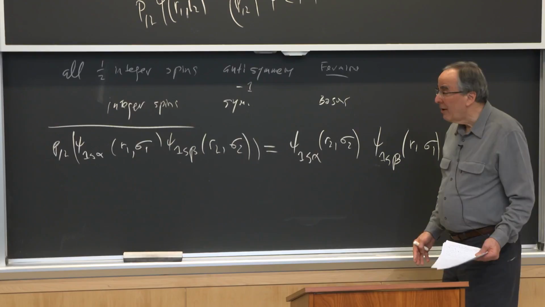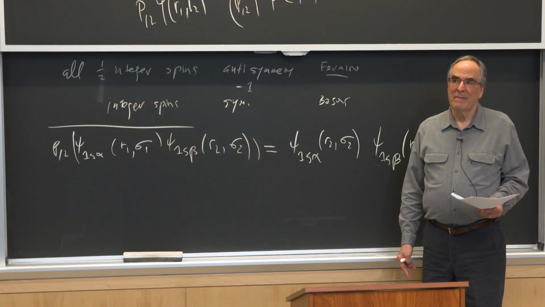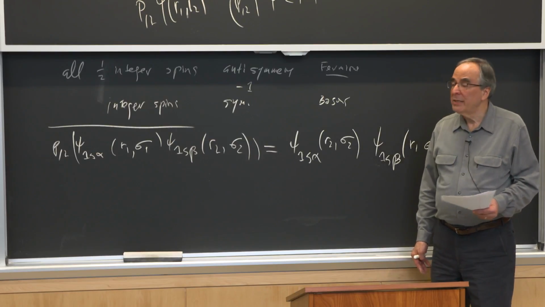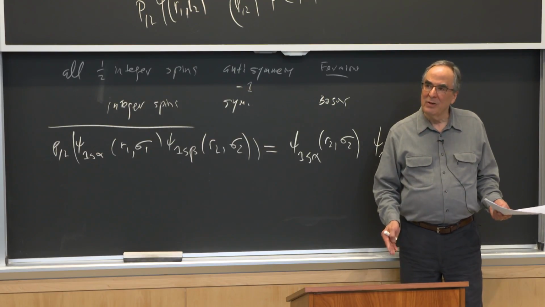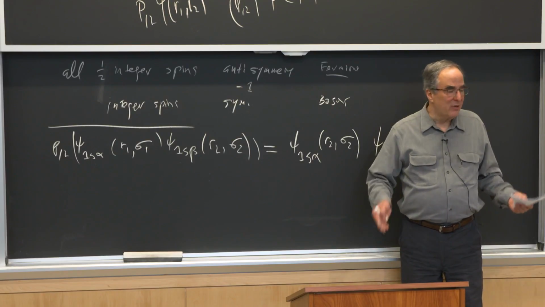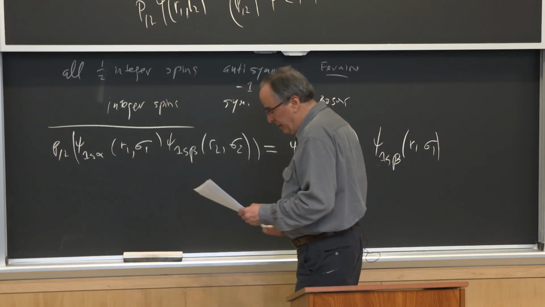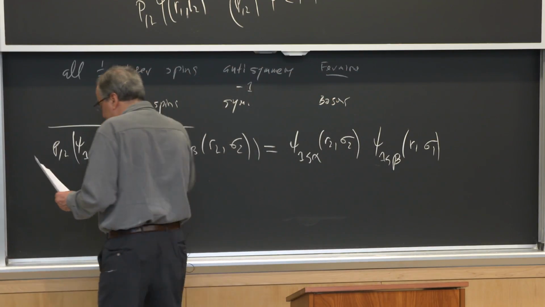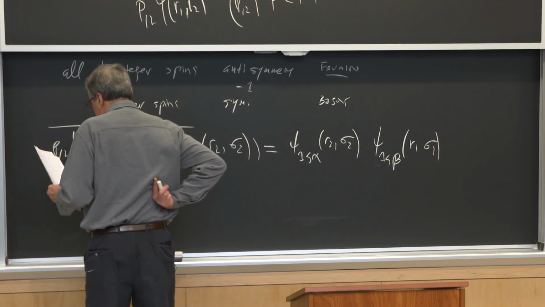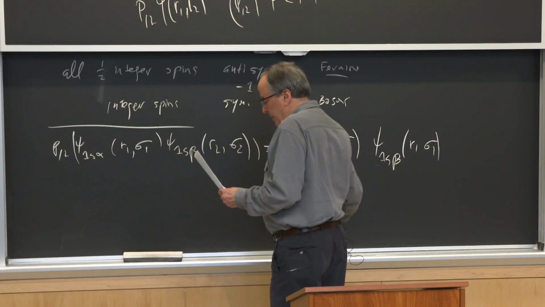But they are eigenfunctions of the 0-order Hamiltonian. So we can take a linear combination of eigenfunctions that belong to the same eigenvalue, and it's still the same energy. So we do that. And so what we can do is write a combination of this function and that function.